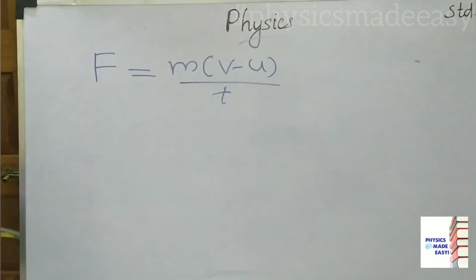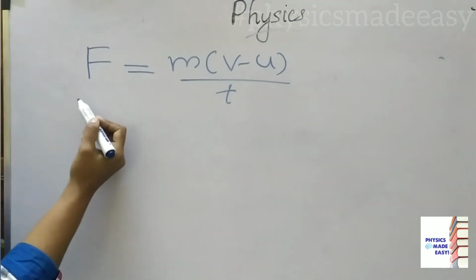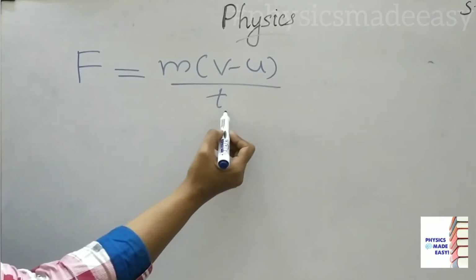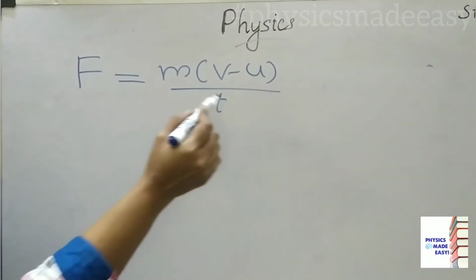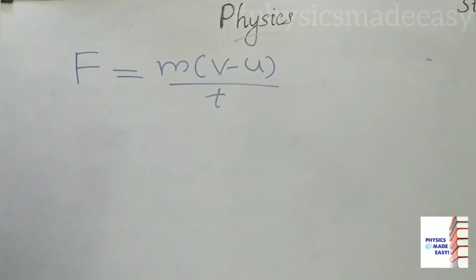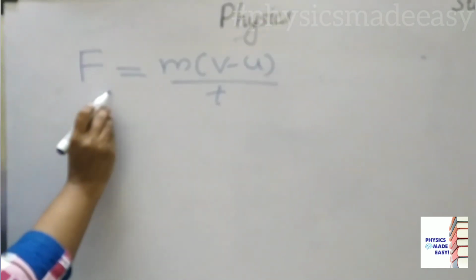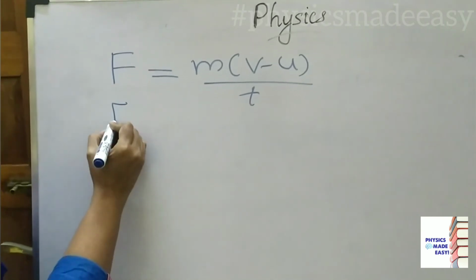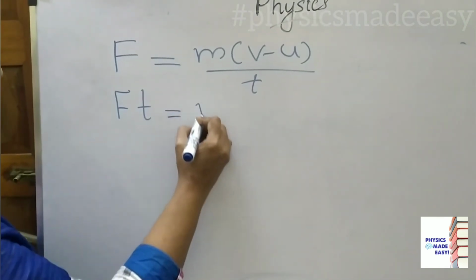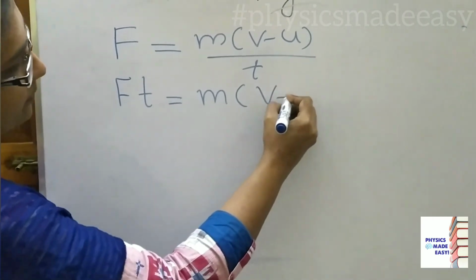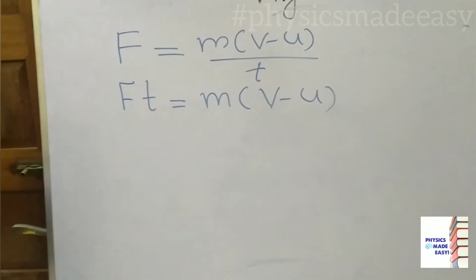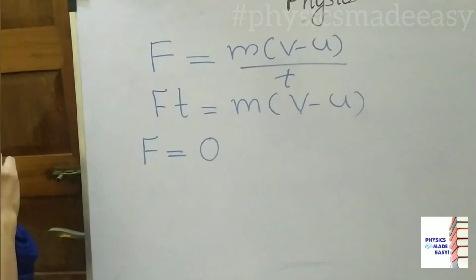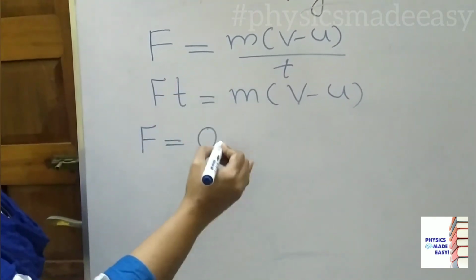From Newton's second law, we can write this equation F is equal to m into (v minus u) divided by t. You know (v minus u) by t is acceleration. But here we need this equation F is equal to m into (v minus u) by t. From this we can write F into t is equal to m into (v minus u). Children, you have to imagine if there is no force. If you are considering no force here, what will happen to this equation?